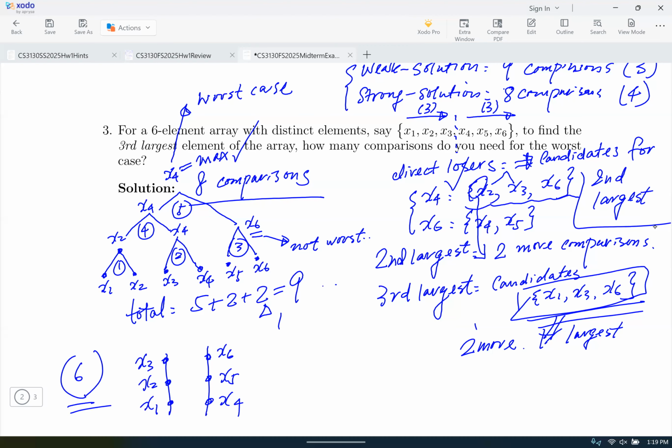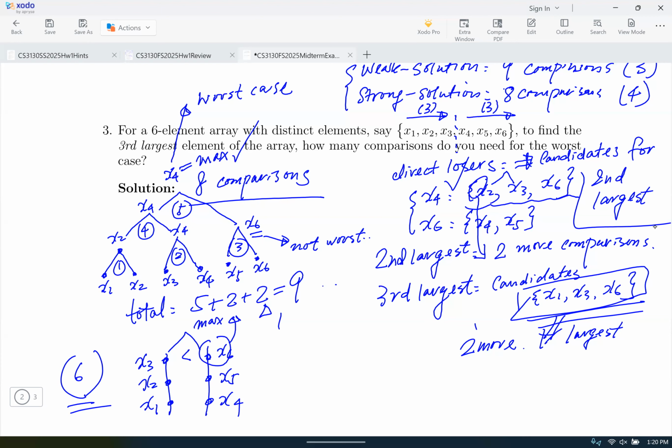Remaining, if we target the weak solution, we have 3 more to go, right? So with 3 more, we can get the third largest. Number 7, you compare x3 and x6, you get a max, 1 comparison. Here you can assume x3 less than x6, because it's symmetric. Either case, similar situation. So x6 is the largest, and x6 is gone.